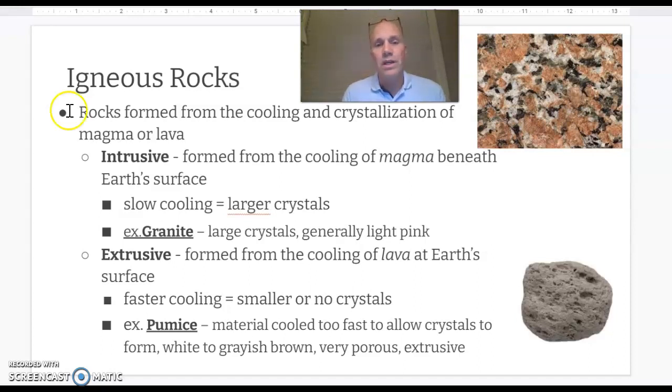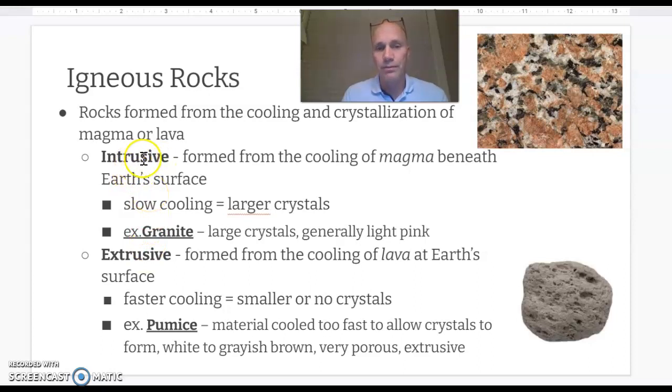Igneous rocks are rocks that are formed from the cooling and crystallization of magma, which is melted rock underneath the surface of the Earth, or lava, which is melted rock on the surface of the Earth. The two major types of igneous rocks are intrusive igneous rocks and extrusive igneous rocks. And what makes these different is where they form.